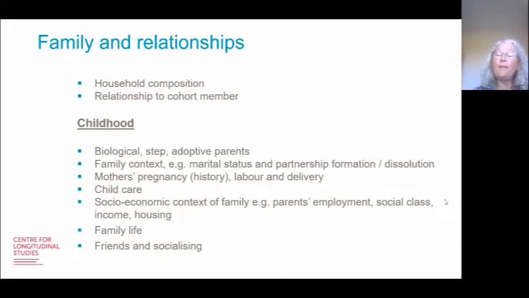Mother's pregnancy history, labour and delivery, childcare in the early years, the socio-economic context of the family, family life, and the cohort members' friends and socialising. These can be used to control for early life experience as well as predictors of change, as outcomes themselves, or longitudinally over childhood to investigate change or key timings in a child's development.